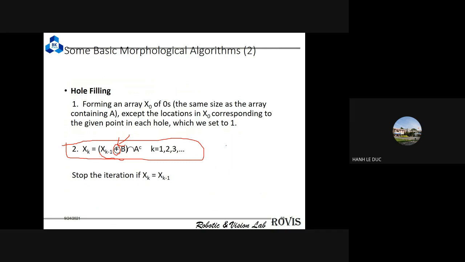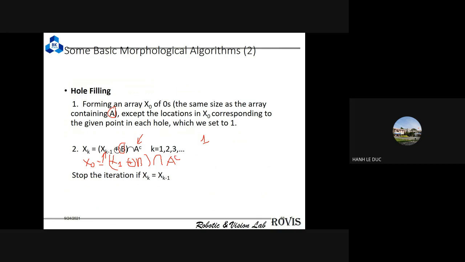So what is the hole filling algorithm? Very straightforward. A is the original image. The first step is we take the complement of it. And then we do the iteration here. We do the dilation with the kernel B, right? For example, in the first iteration, we have X0, and the result X1 is X0 dilated by B, and then intersect with A complement, right?